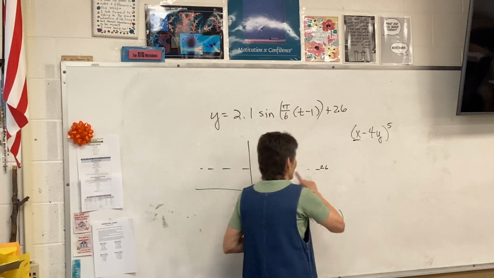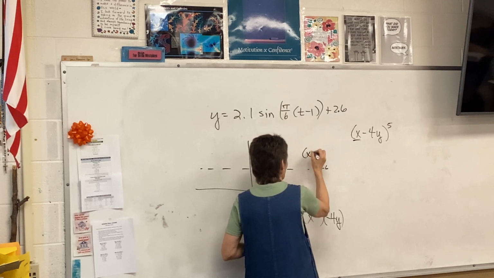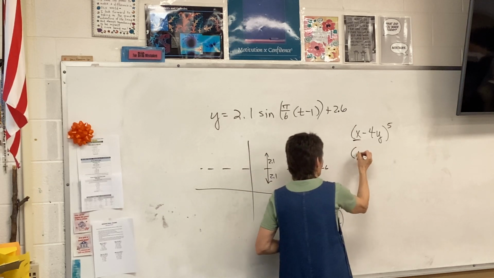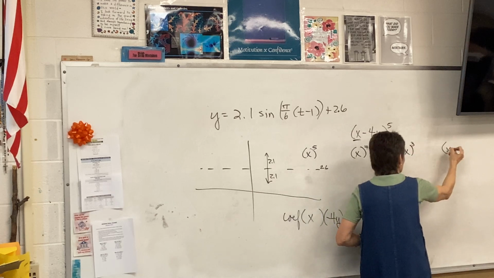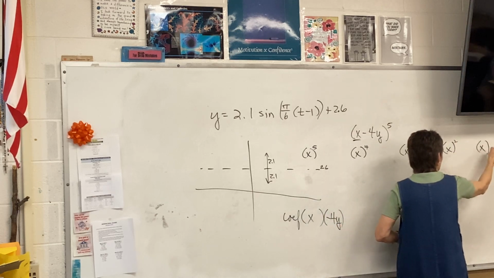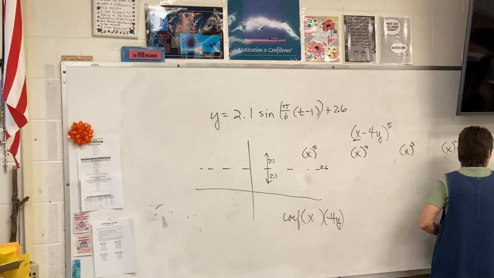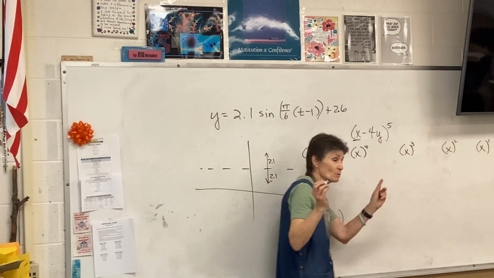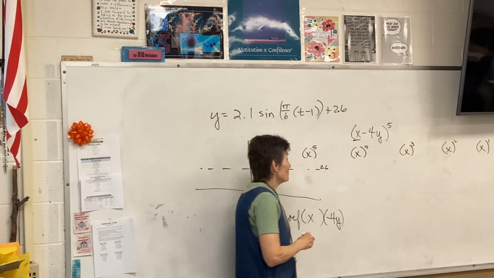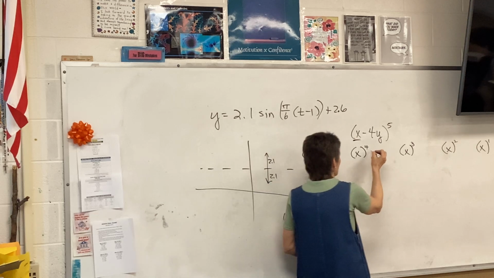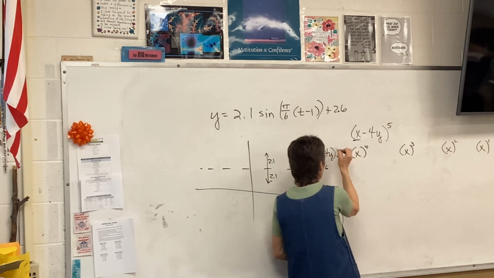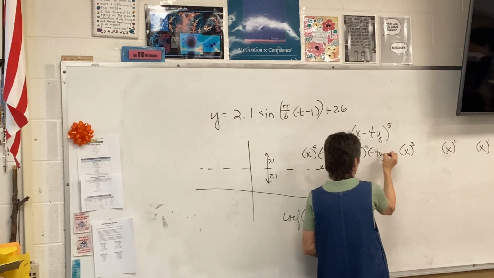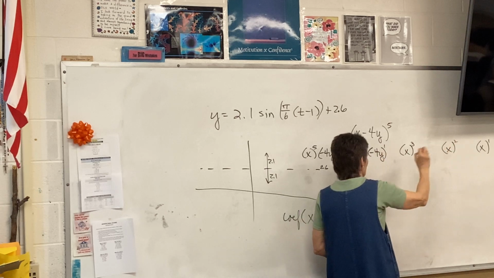So when I write all this out, I'm going to have an x to the fifth, an x to the fourth, an x to the third, an x squared, an x to the first, and an x to the zero. Those are my x's. That's what's going to happen when I FOIL it. And the same thing's going to happen with your negative 4y's, only they go the other way. The big Y is going to be on that end.